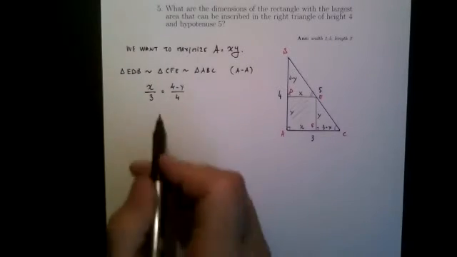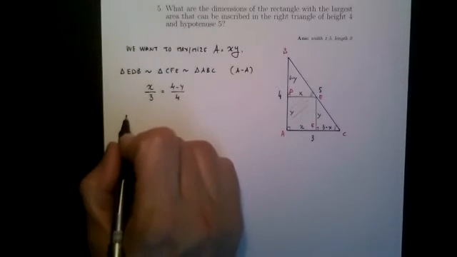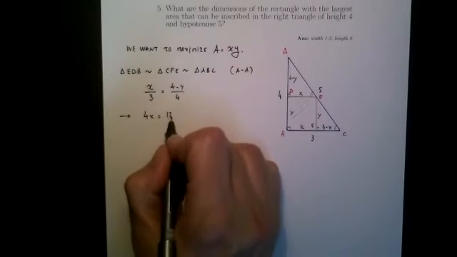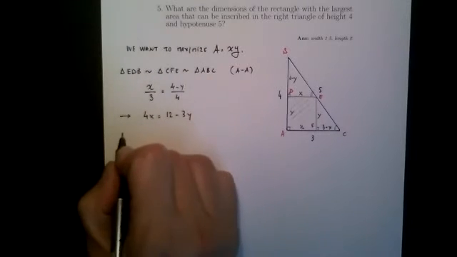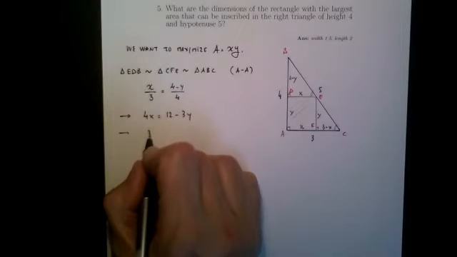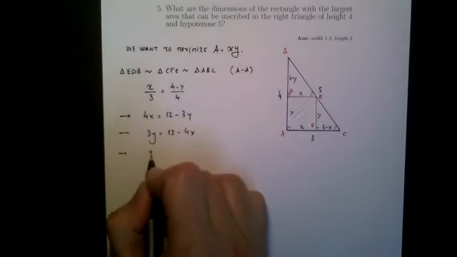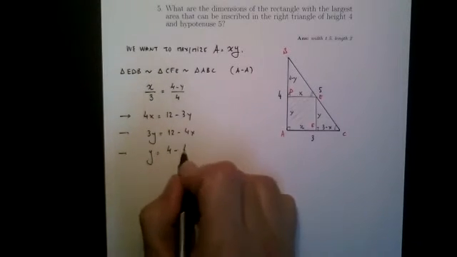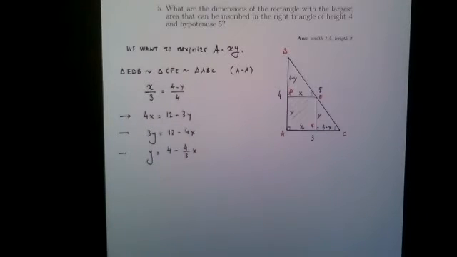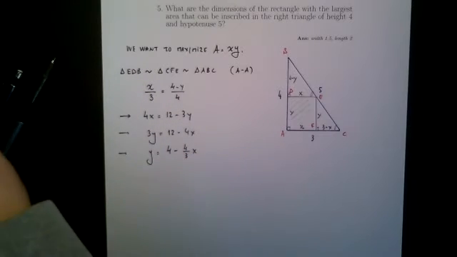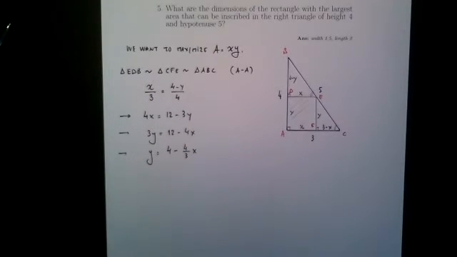So let's isolate the Y here. So 4X is equal to 12 minus 3Y, and so 3Y is equal to 12 minus 4X, and so Y is 4 minus 4/3 X. This I'm going to box, this one's important.